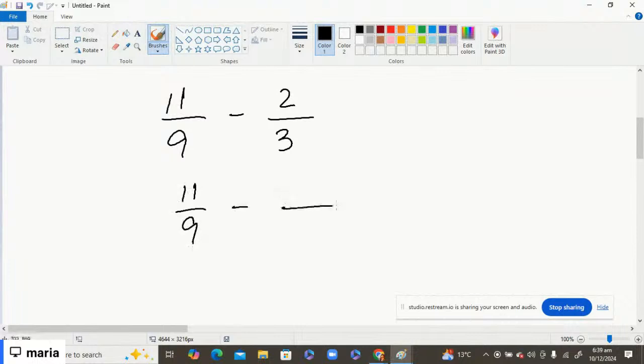Now you guys tell me how this 3 becomes equal to this 9. By multiplying and dividing with which number? The number is the same, but which number? Think about it and then tell me.